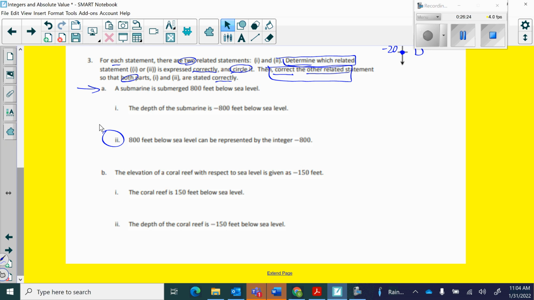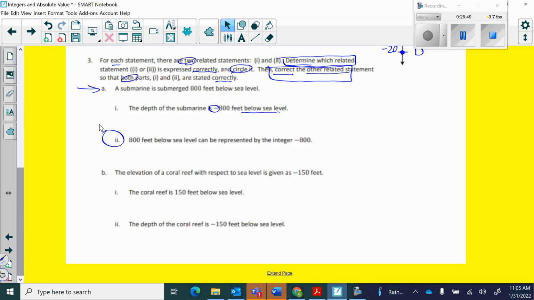Who can tell me why number 1 is incorrect? Yes. I'm going to explain what she said. She said they gave it a negative sign and they said below sea level.